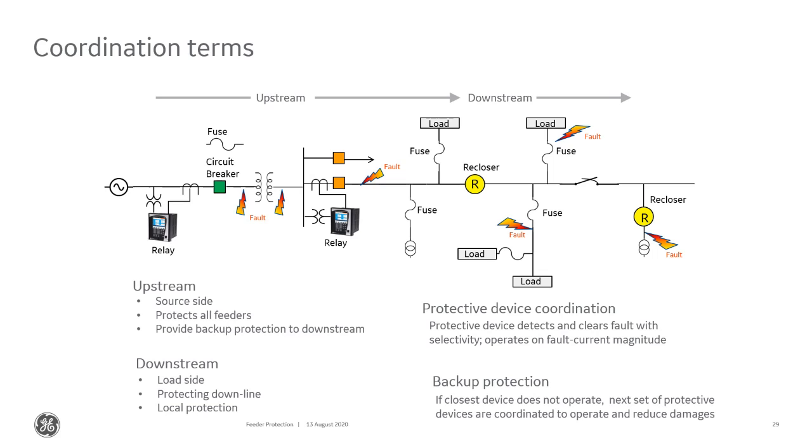Because we need to coordinate for faults on the recloser all the way to the end of the circuit, if there's a fault on the main feeder, then we're going to be tripping slowly because that feeder relay needs to be coordinated with that end recloser, even though the fault is not at the recloser location, it's closer to the substation. Because we're coordinating with that end recloser, it's going to slow down the tripping of that substation breaker.